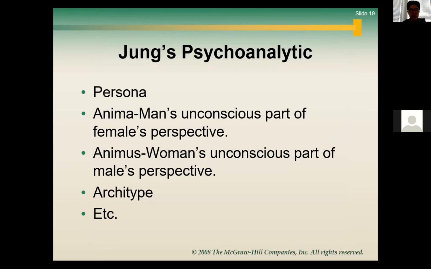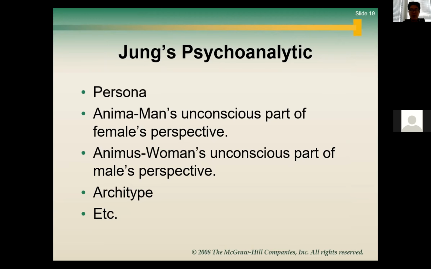Jung's psychoanalytic theory includes the persona, just like a mask, our mask from ethnic, gender-based, religious background, education, income, and socioeconomic status. Anima is a man's unconscious part of a female's perspective. Animus is a woman's unconscious part of a male's perspective.